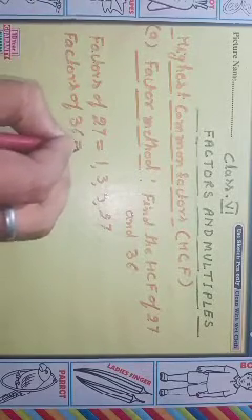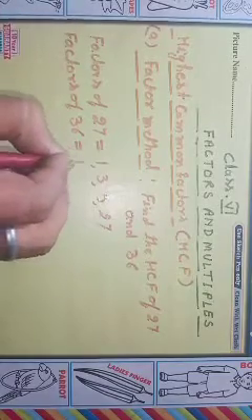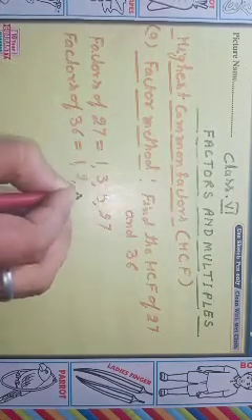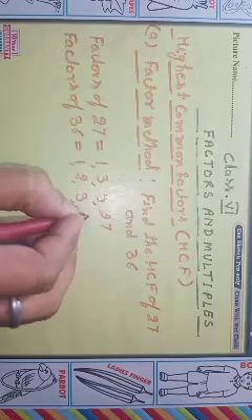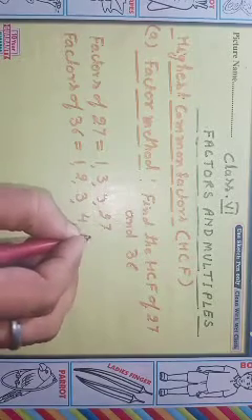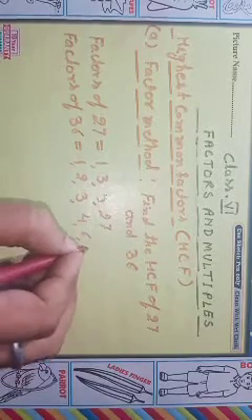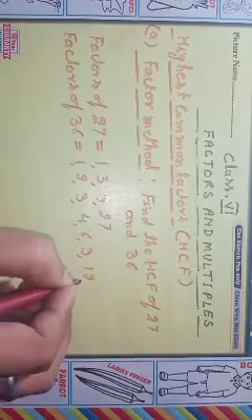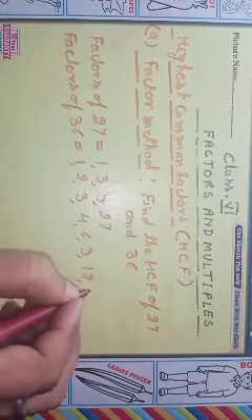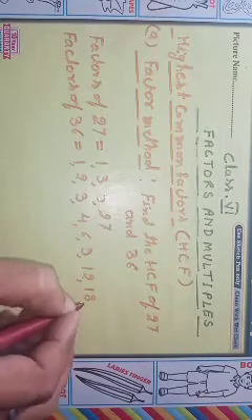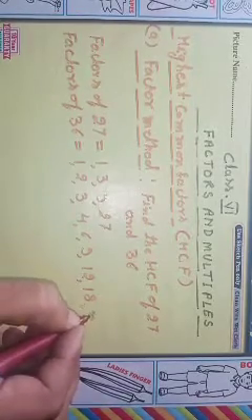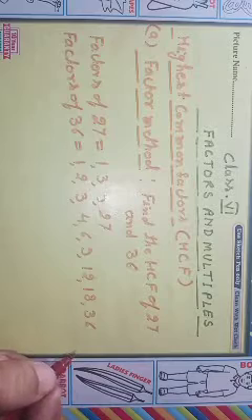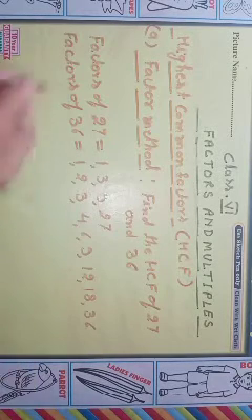Factors of 36 are 1, 2, 3, 4, 6, 9, 12, 18 and 36. Now write down the common factors.